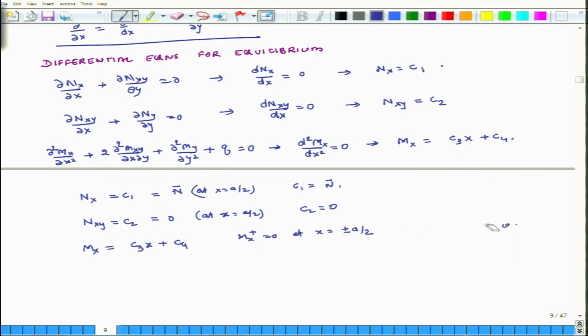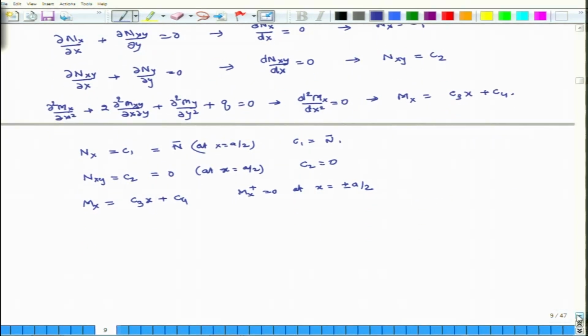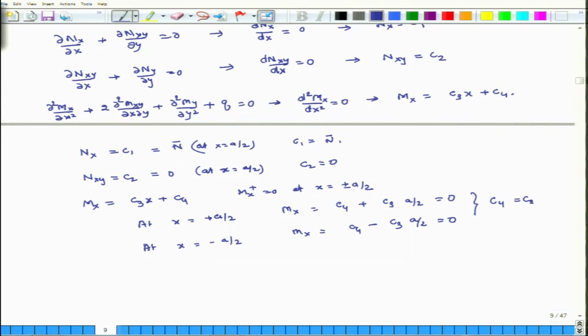Or let us do this explicitly. At x is equal to plus a over 2, Mx is equal to C4 plus C3 a over 2, and that value is 0, and at x is equal to minus a over 2, Mx is equal to C4 minus C3 times a over 2 is equal to 0. So, these give us C4 is equal to C3 is equal to 0.